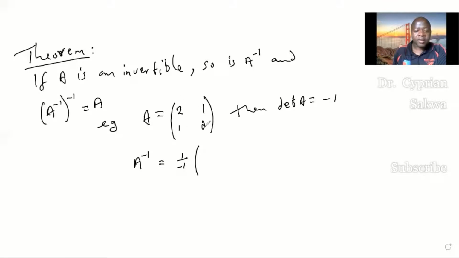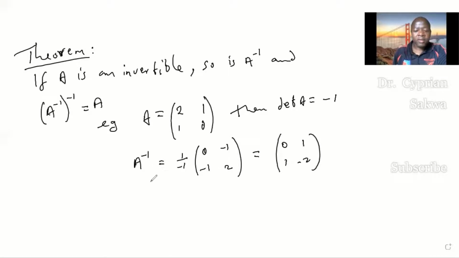So we just reverse this diagonal and change the signs for the other diagonal. When I multiply this negative 1 inside, I would have 0, 1, 1, negative 2. This is A inverse.